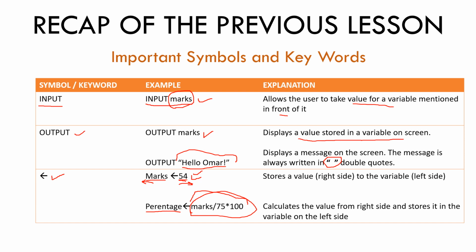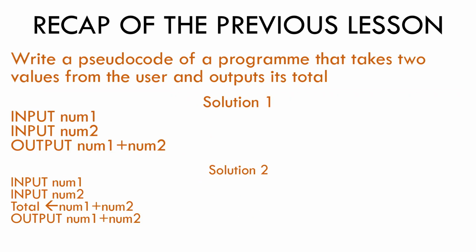Also, I have listed an example so that it becomes more clear. If you look at this example, this is a pseudocode for a program that takes two values from the user and outputs the total. There are two possible solutions for this.